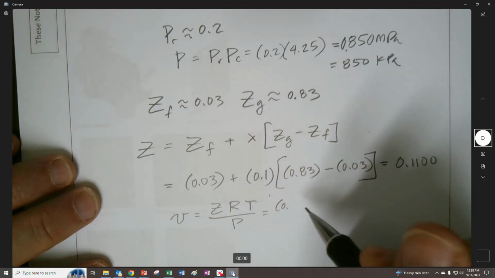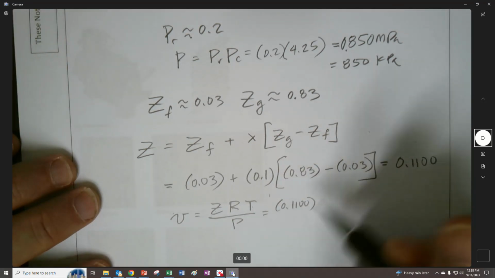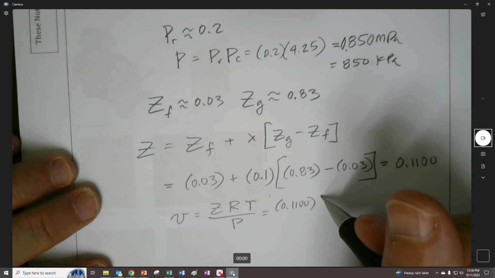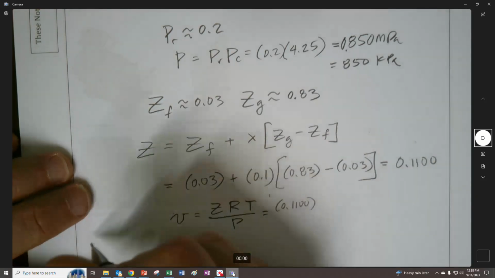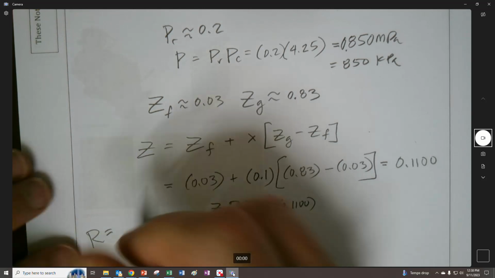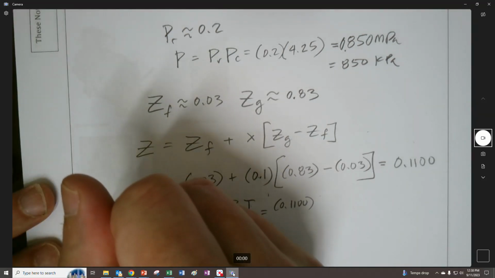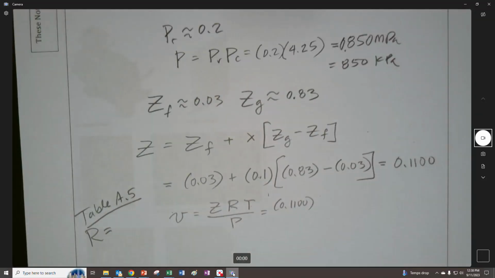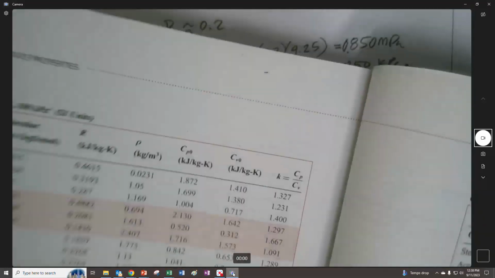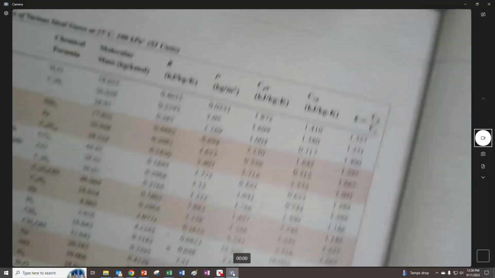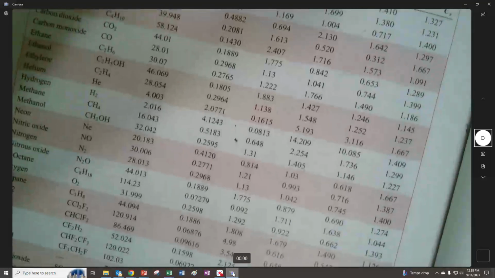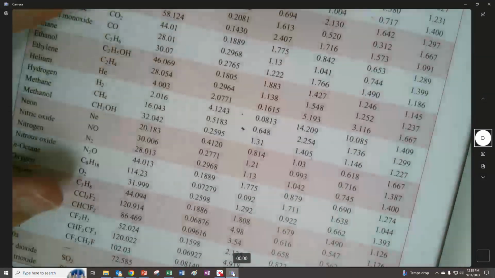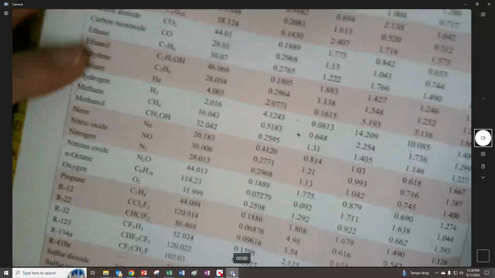So if we had this right here to find the specific volume, this is Z times R times T divided by P. So we go 0.11 times R, and we need to look up R. So R from Table A 0.5. What are we working on? We're working on propane.